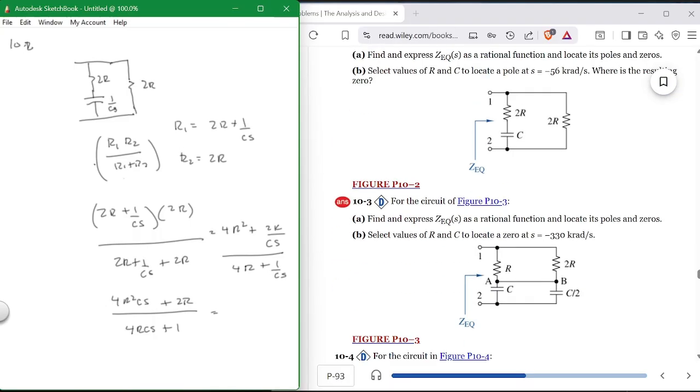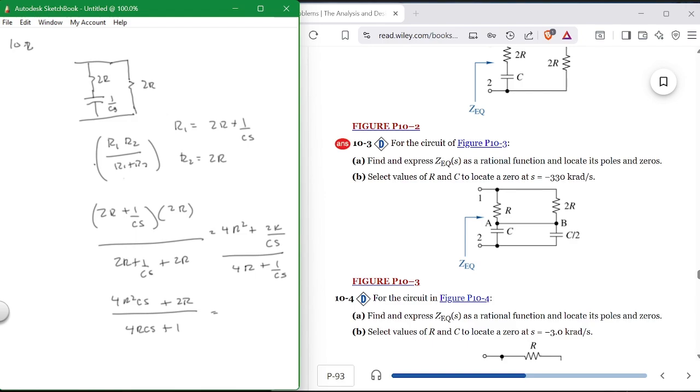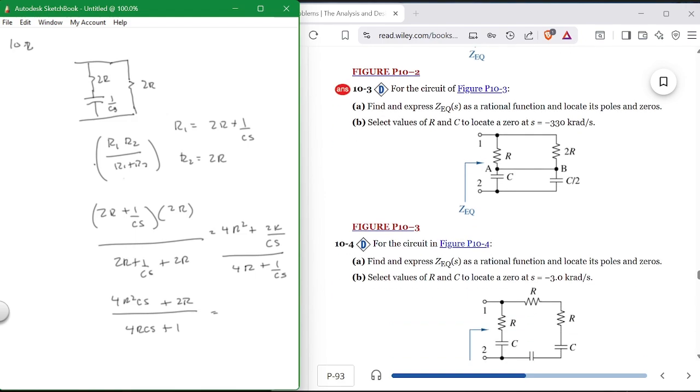Basically, just pull your sheet out and answer what they ask. Okay, and I'm not trying to figure out how they would do this, but I'm just saying, what would be the parallel combination of these two?